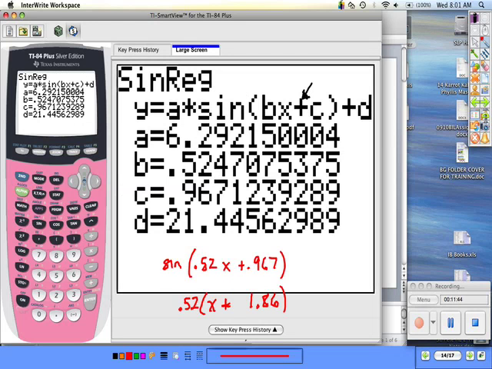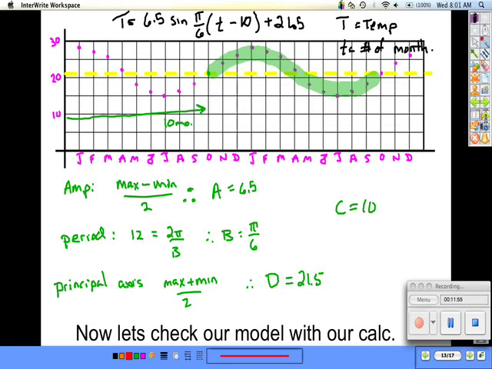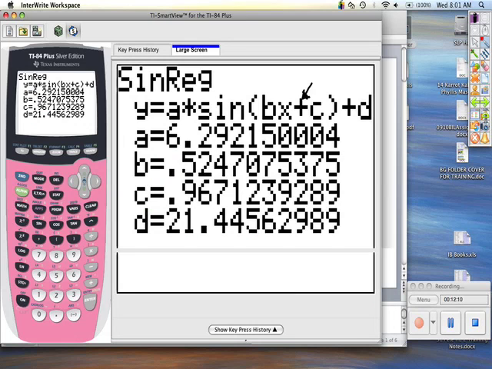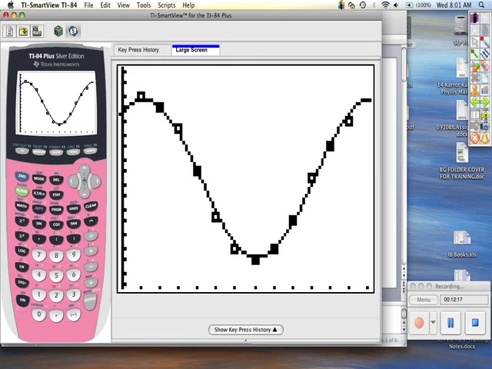So this is saying that the horizontal shift, the way that we're used to seeing it, c is negative 1.86. We're about negative 2. If we go back to our graph, a shift of 2 to the left puts me over here, which should make sense, as that would be the start of another sine wave. If we look at this graph now, if I hit graph, there's our points, there's our curve going through them.